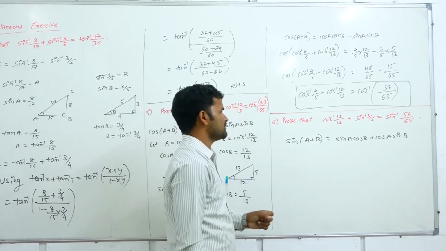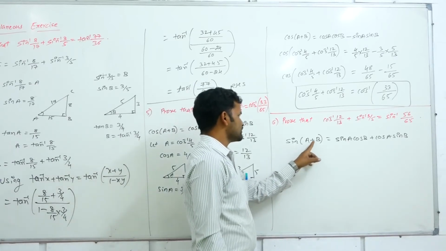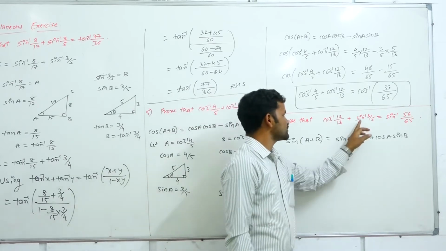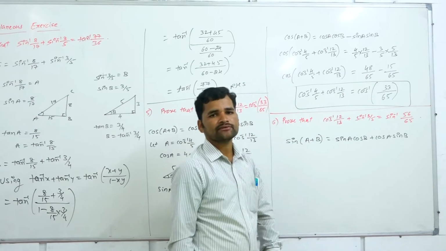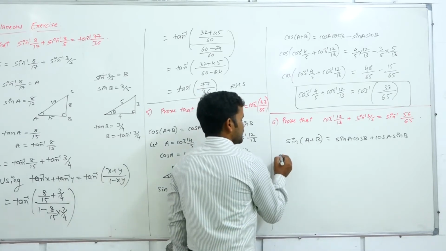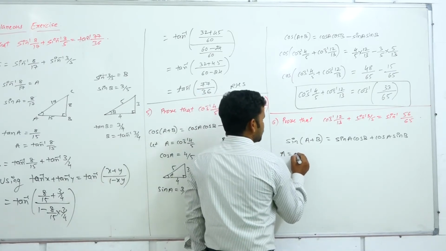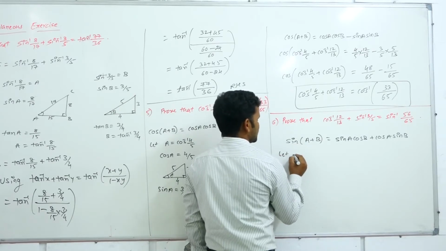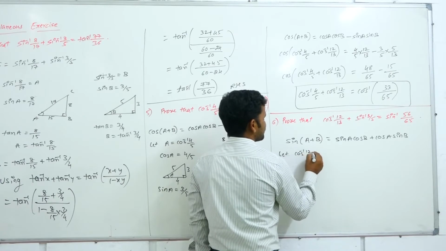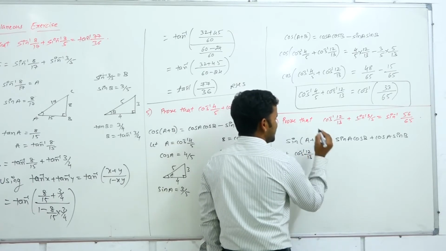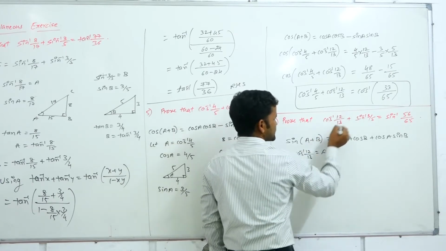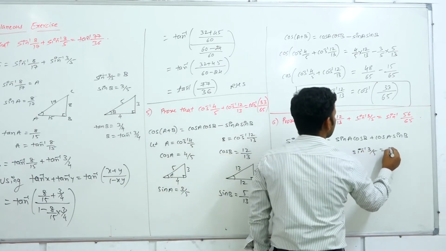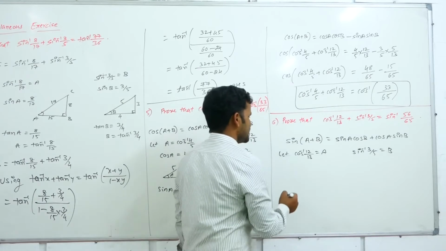Sine of a plus b is equal to, now a is equal to, I will substitute cos inverse of 12 by 13, and b is equal to, I will substitute sine inverse of 3 by 5. Let cos inverse of 12 by 13 is equal to A, and sine inverse of 3 by 5 is equal to B. Very simple it is.